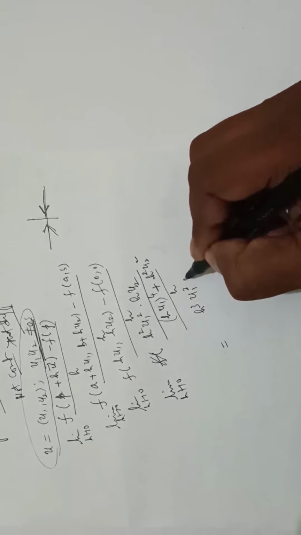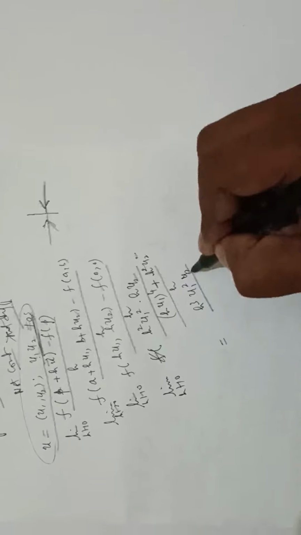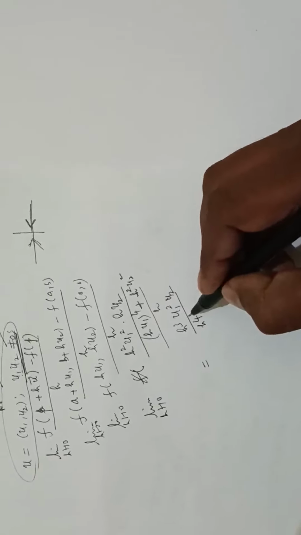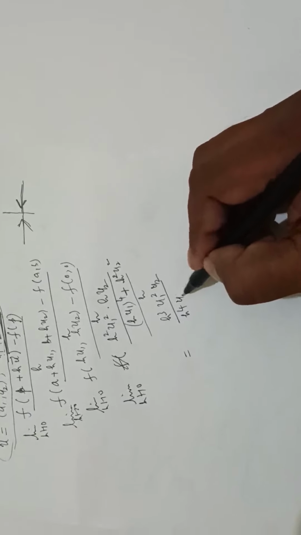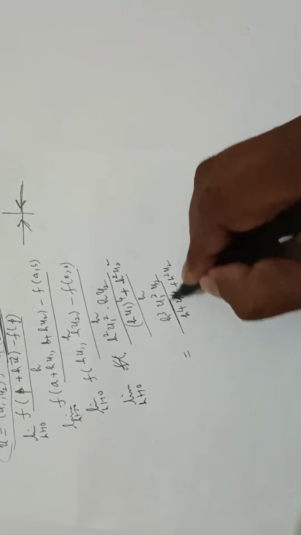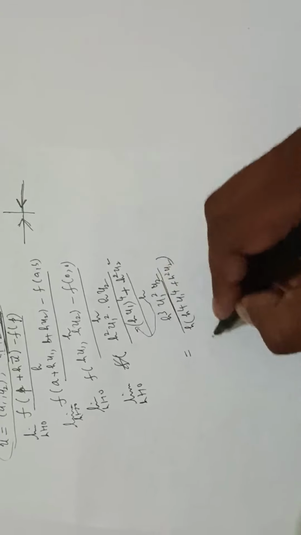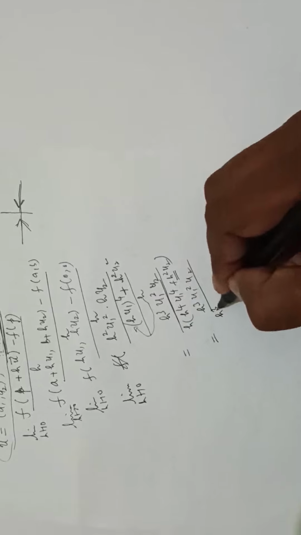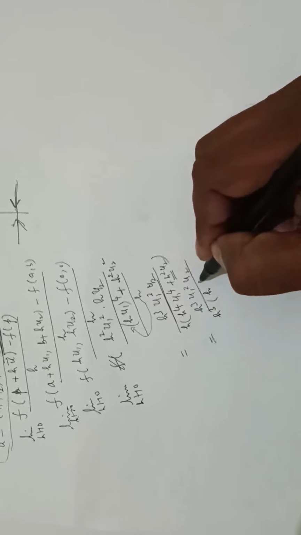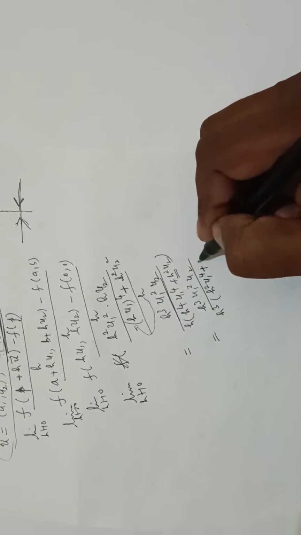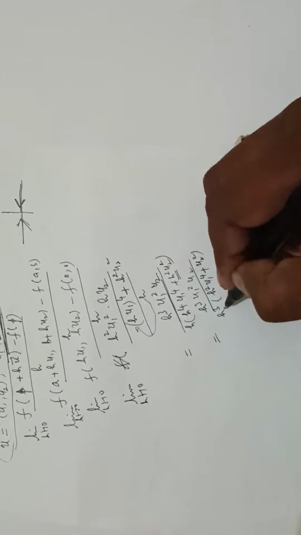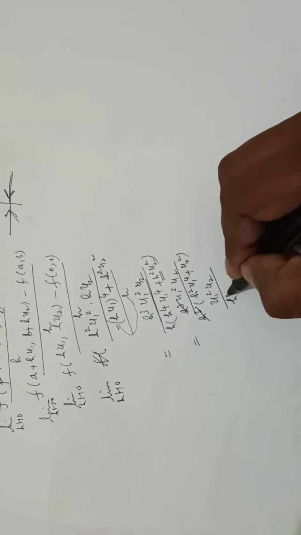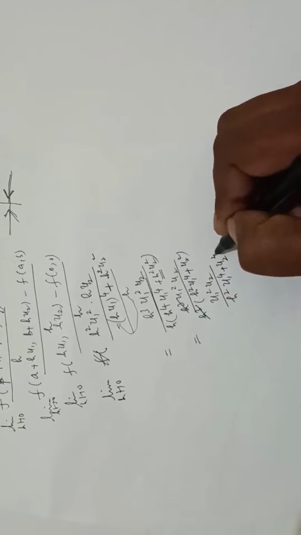So this is h cube u1 square u2 by h square, and if I take h square out, the denominator becomes h square u1 to the power 4 plus u2 square.